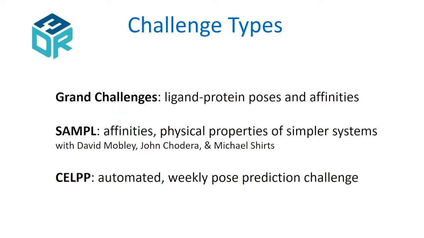This has been mainly led, in the most recent past, by David Mobley, John Chodera, and Michael Schertz. And then, as I mentioned, we have a third branch of challenges that we developed called KELP. This is a weekly challenge held in collaboration with the Protein Data Bank that Mike will tell you about, but it basically is weekly pose prediction challenges done in collaboration with the PDB.